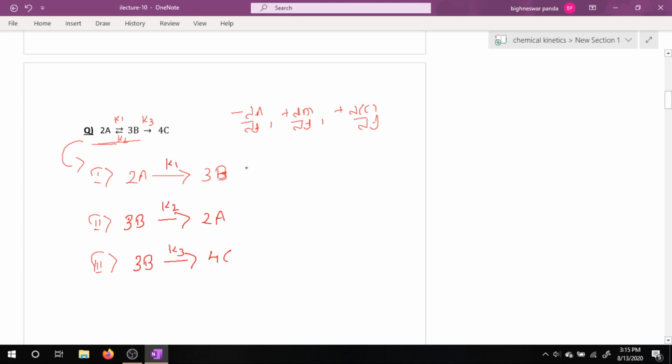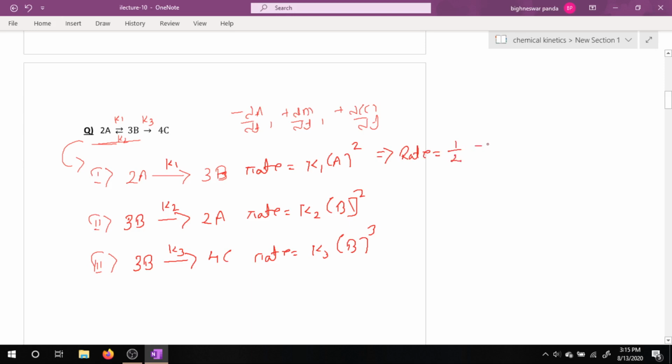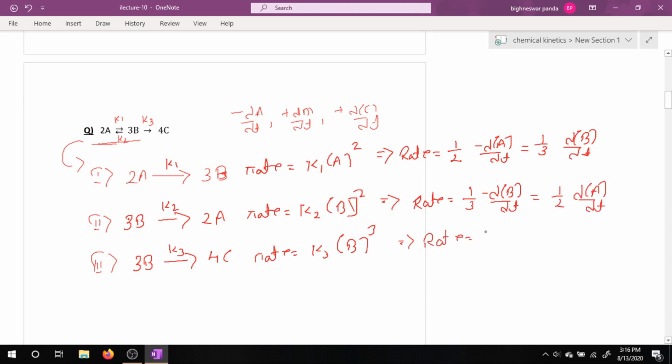So for the first reaction I can write rate is equal to k1[A]^2. For the second reaction I can write rate is equal to k2[B]^3. And again for the third reaction I can write the rate.